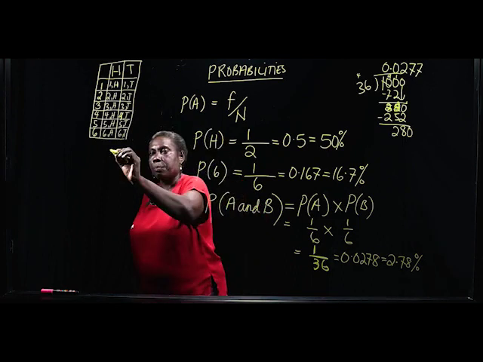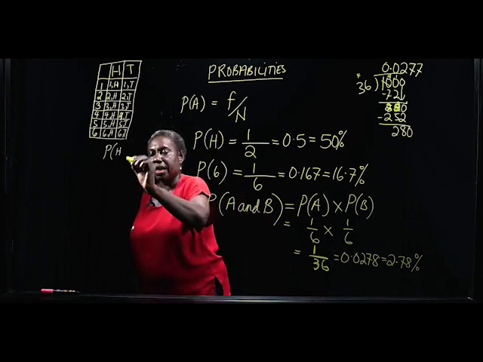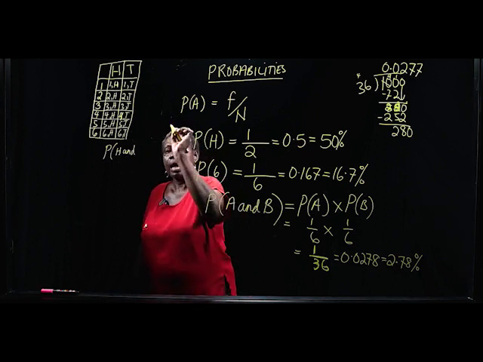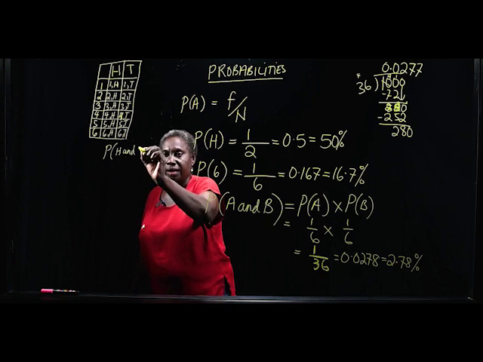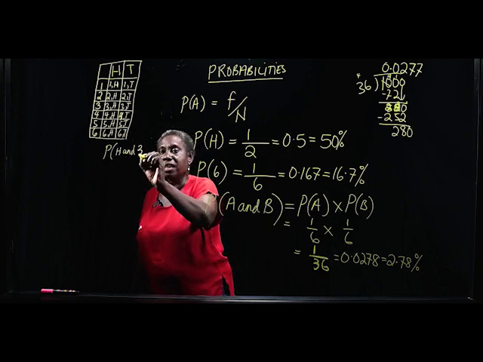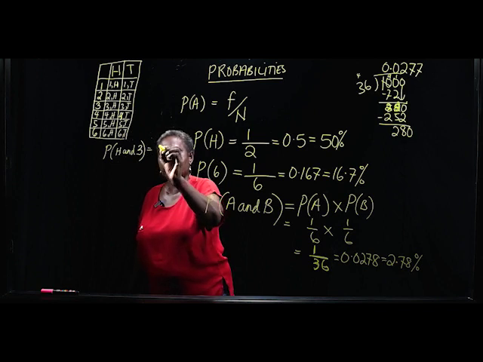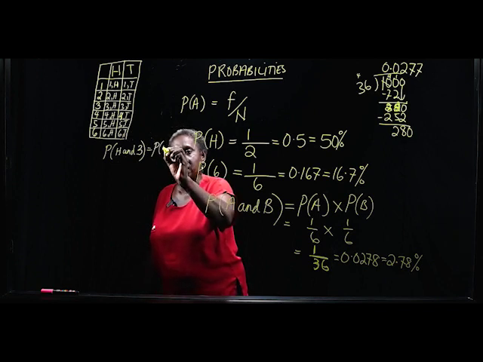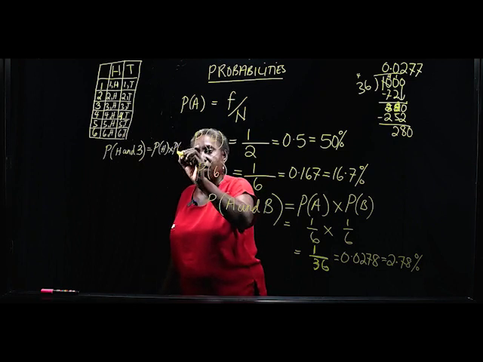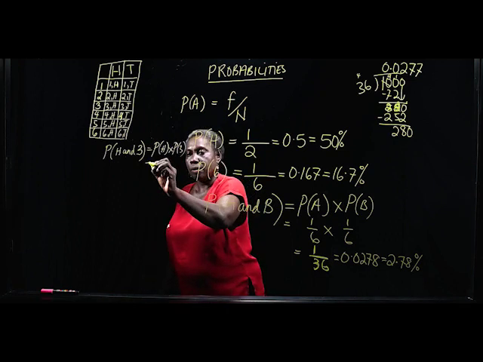So, the probability of having a head and any one number, let's say the probability of having a 3 when you throw a dice, will be equal to the probability of head times the probability of 3.